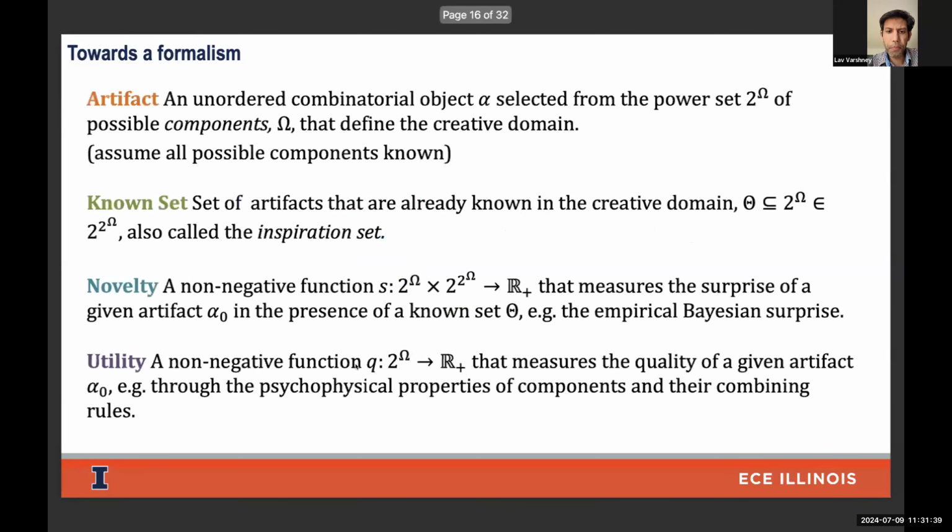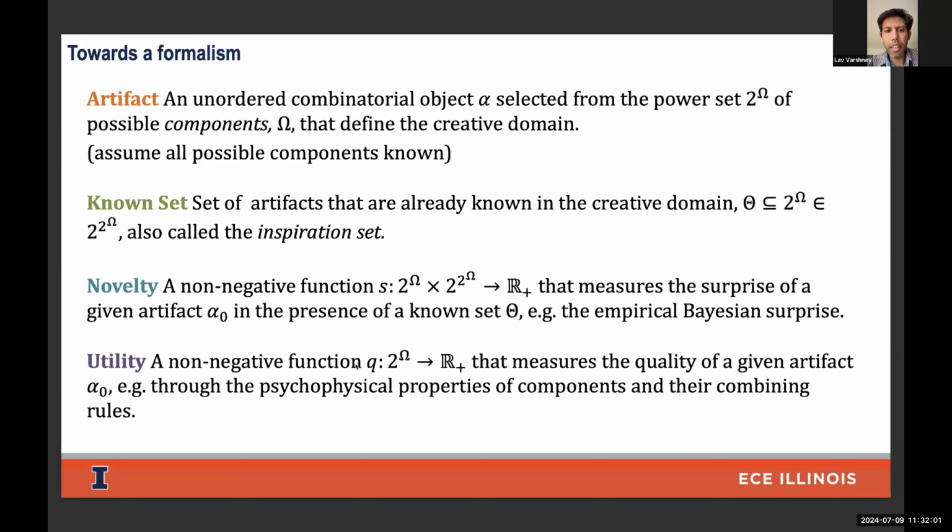One way we can do this is to think of combinatorial creativity, which captures nearly all creativity, where new ideas are constructed from components. So we can think of an artifact as an unordered combinatorial object drawn from the power set of possible components omega.